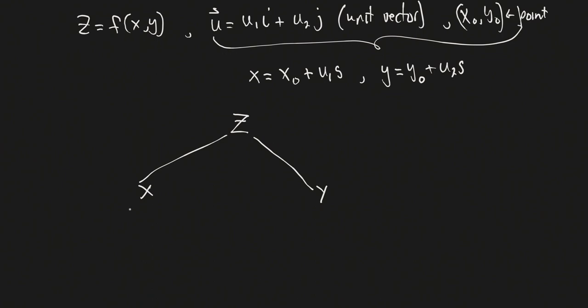So our tree continues to grow. It looks like this, right? And essentially, you notice what we ended up doing. We ended up taking the derivative of the surface with respect to s. So we kind of eliminated the middle, but now we're not going to eliminate the x and y. We want to see what is the real significance of the x and y here.